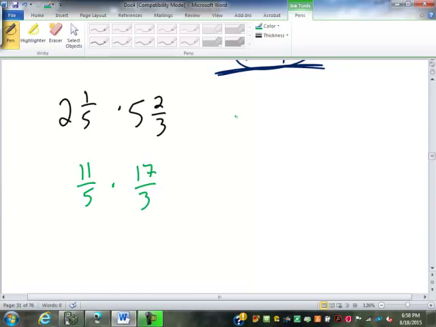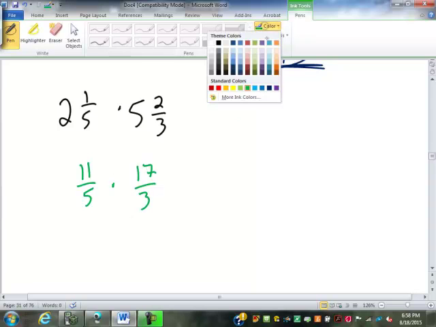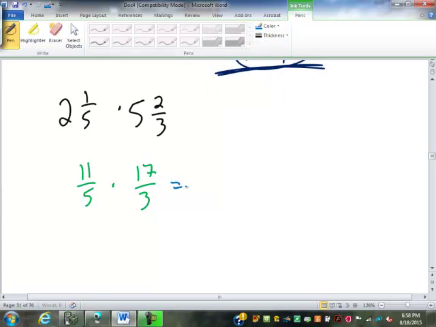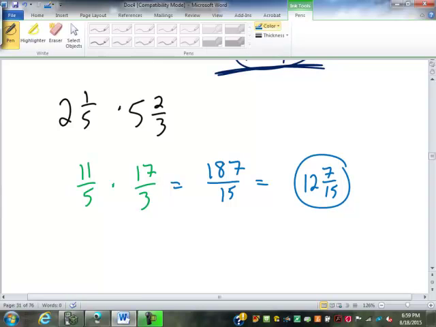Can we reduce anything? Can we cross cancel? No, there's nothing we can cross cancel, so we're going to multiply. What do we multiply first? 11 times 17, 187, and 5 times 3 is 15, which is going to give us 12 7/15.